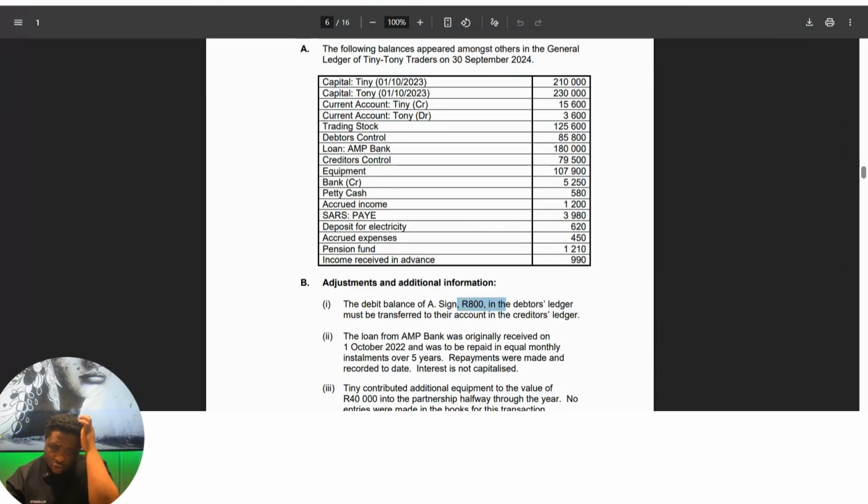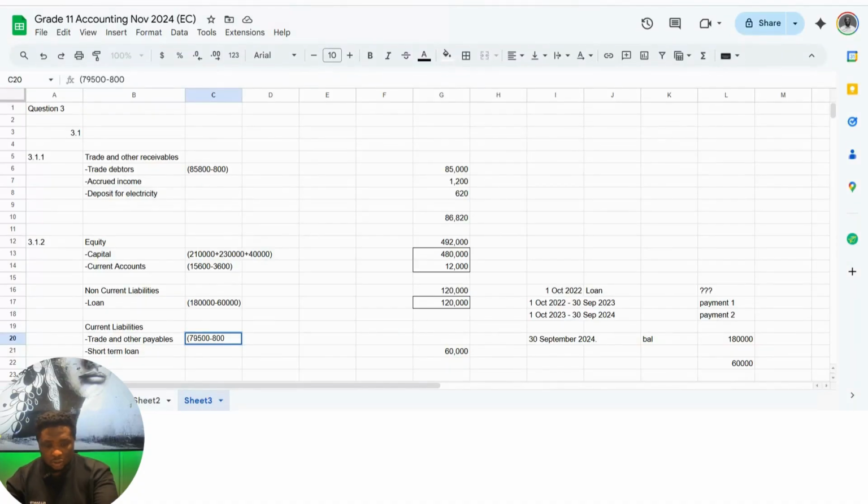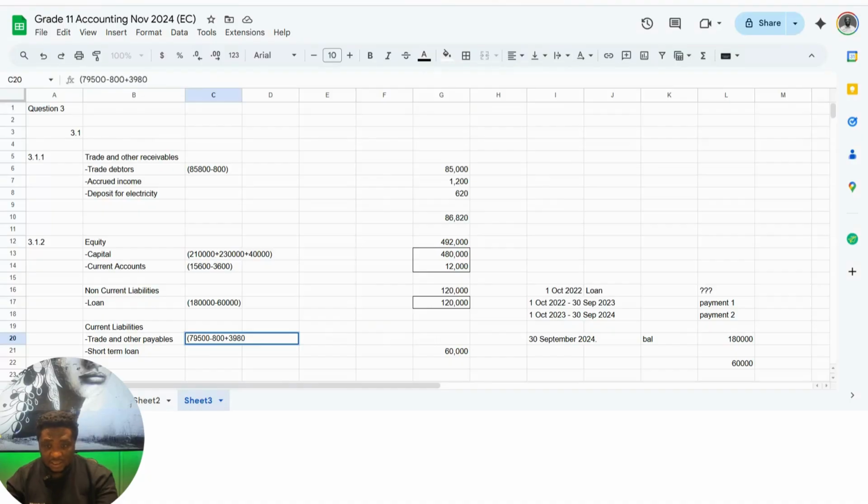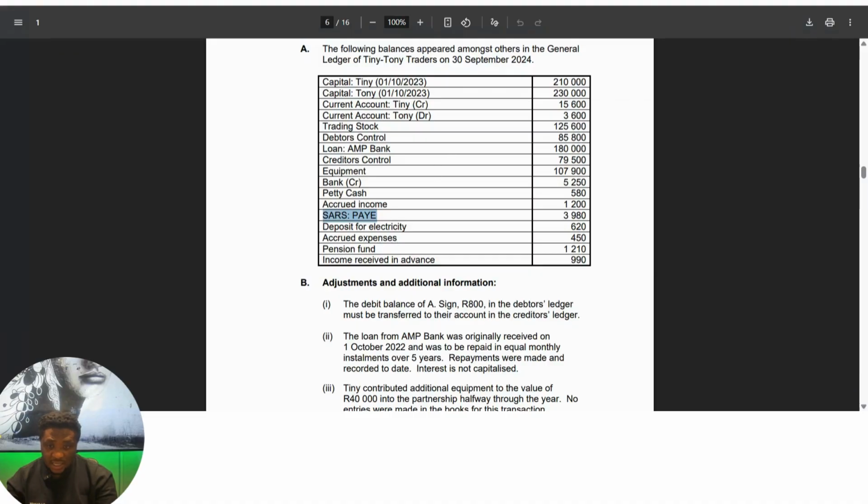Then after that, let's go and look at the next thing. So firstly, SARS pay as you earn is 3,980. That is still owing. So 3,980, it's going to add to our payables. And then next, deposit, no. Accrued expenses for 450, yes. So we're going to say plus 450 for the accrued expenses. And then the next thing that we're going to be looking at is the pension fund.